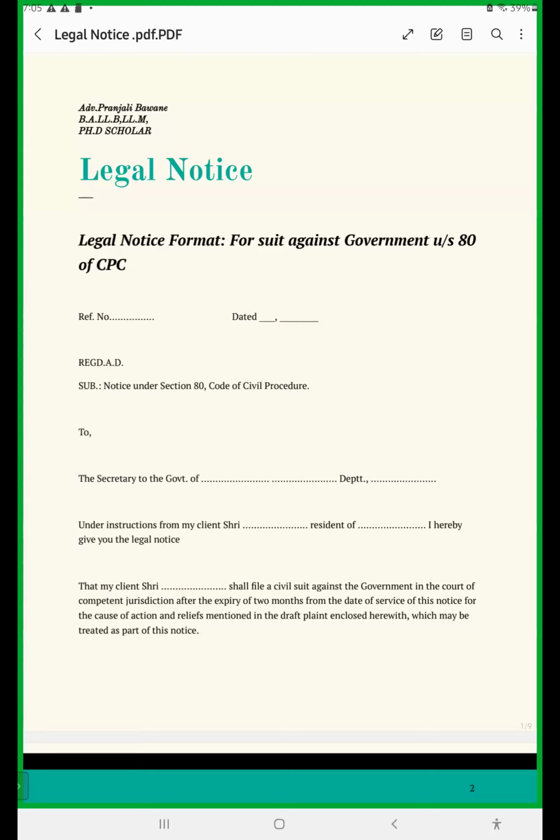Okay, so first I'll explain what is legal notice, and then we will all learn in depth about the types of drafts we have made. First of all, we all know that we are making many common mistakes about the legal notice, right?